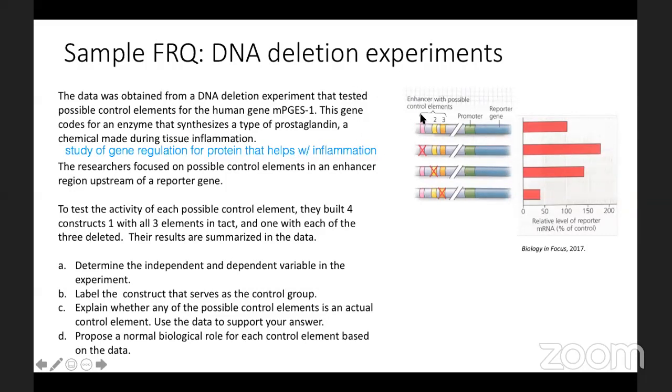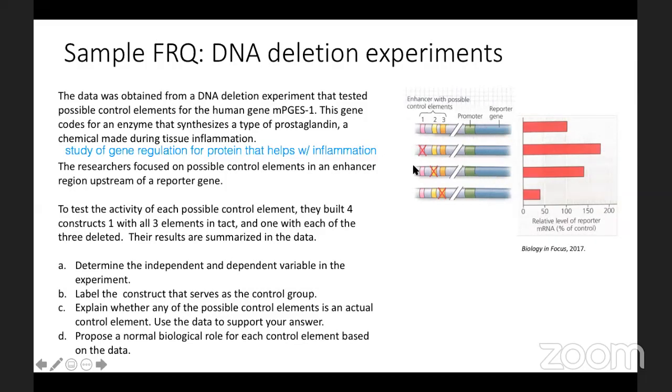Okay, going back to this question here, we're looking at these different control elements. We have this first experimental group where none of them are deleted, and it looks like we have 100% relative mRNA with respect to the control.